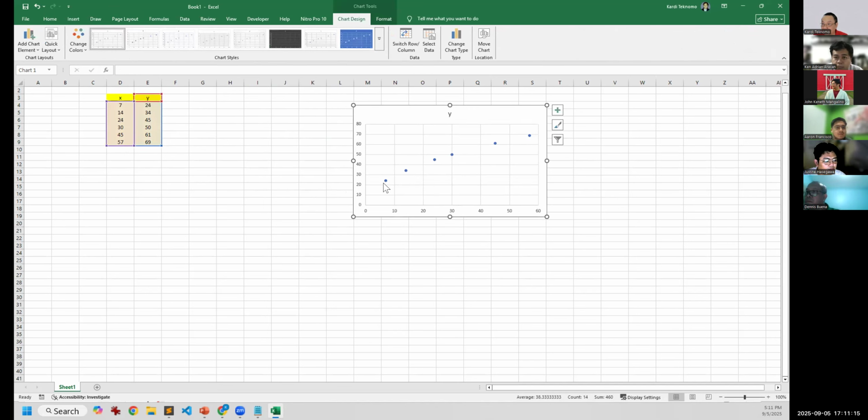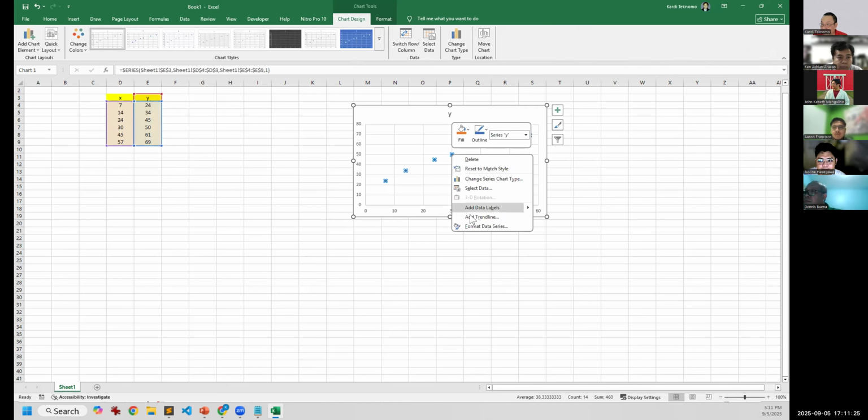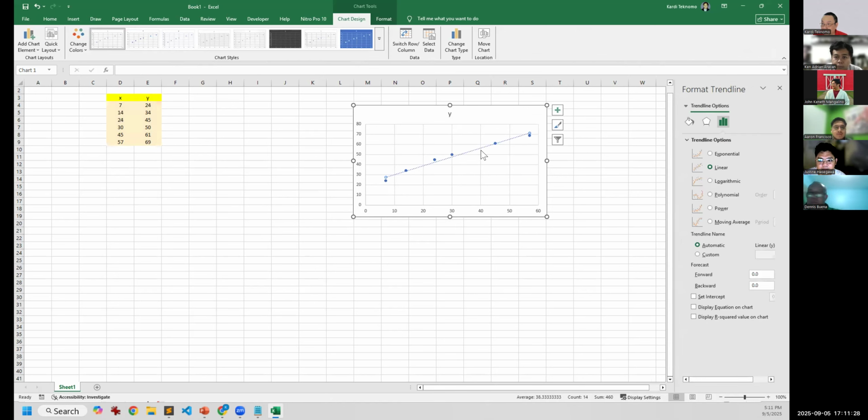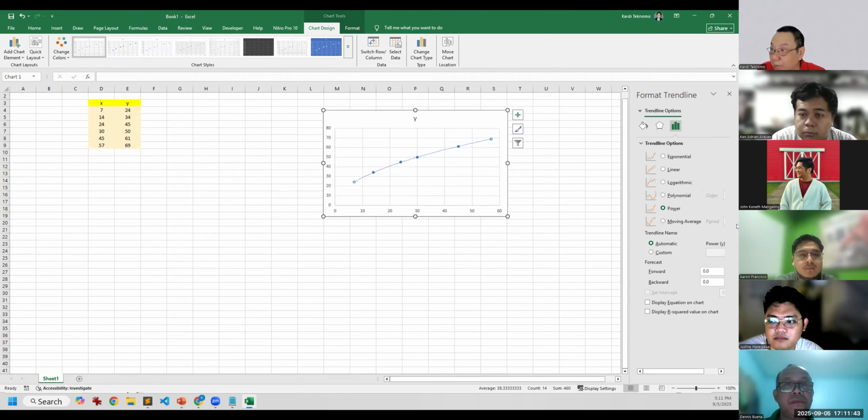If you plot this, it's not really a straight line. And if you just use the trend line, like this, there. If you use power, and then you display the equation on chart, you will get quite good.